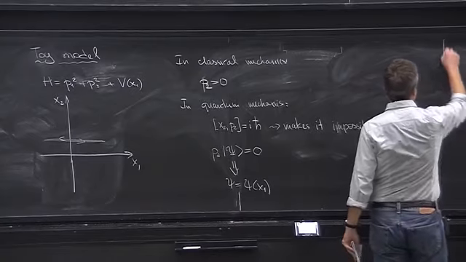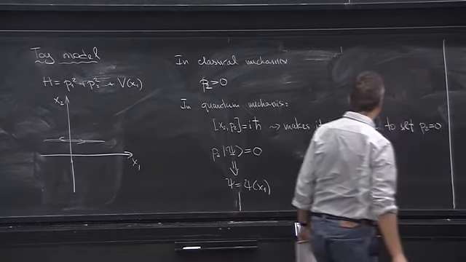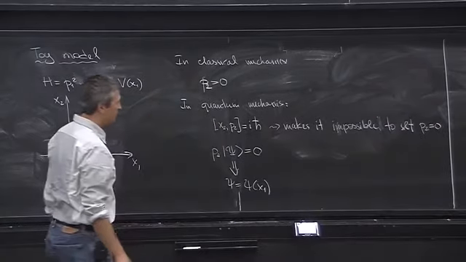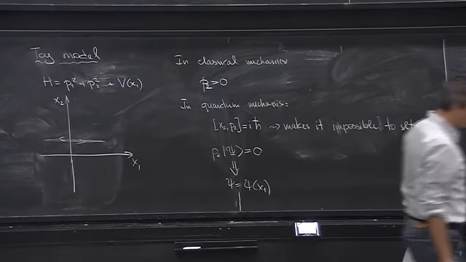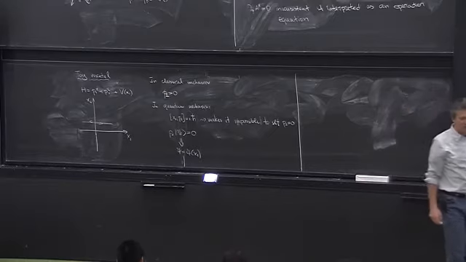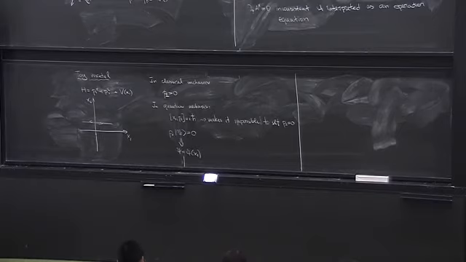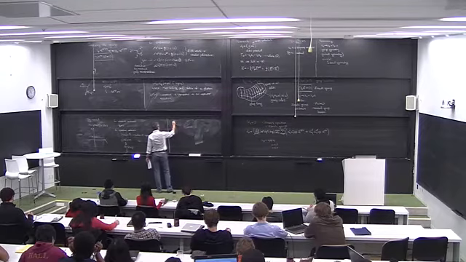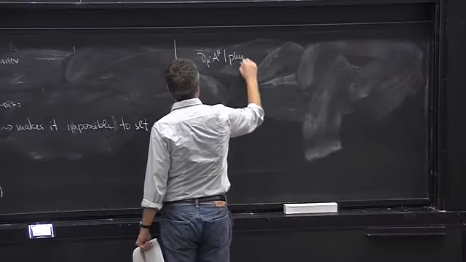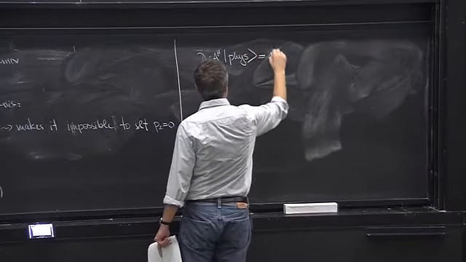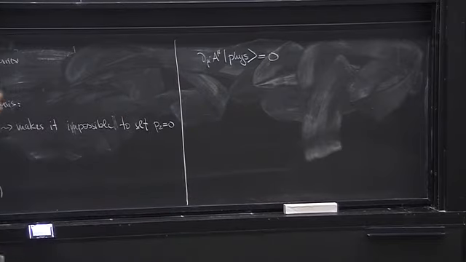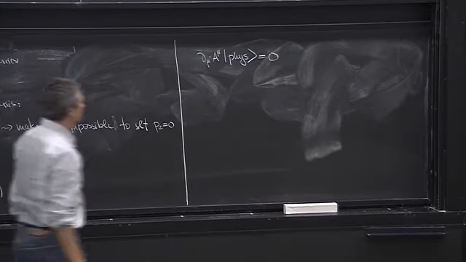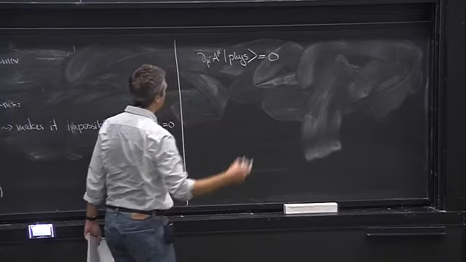So returning back to electrodynamics, this suggests that the gauge condition should not be imposed as a condition on A mu, but should rather be imposed as a condition on states. So we pick our physical states by saying that the physical states are those that are annihilated by the Lorentz gauge condition.